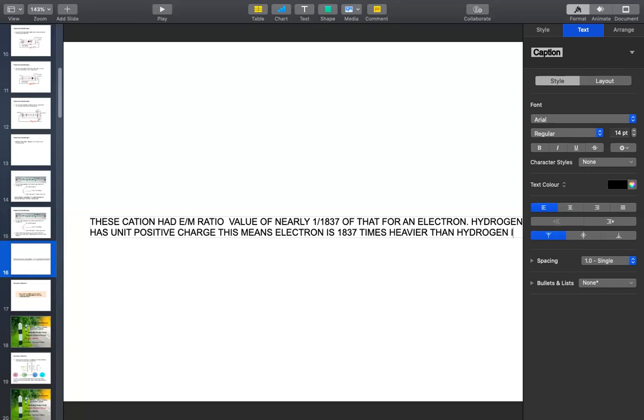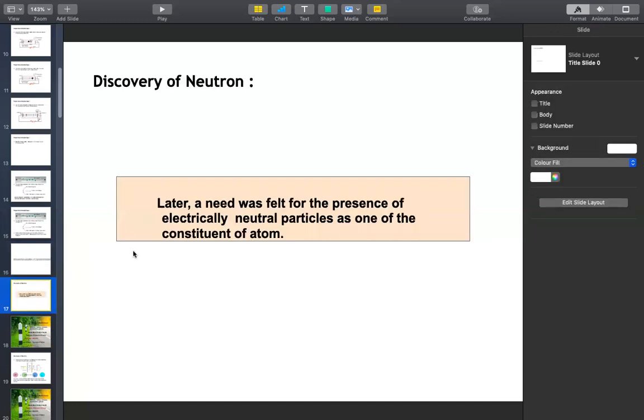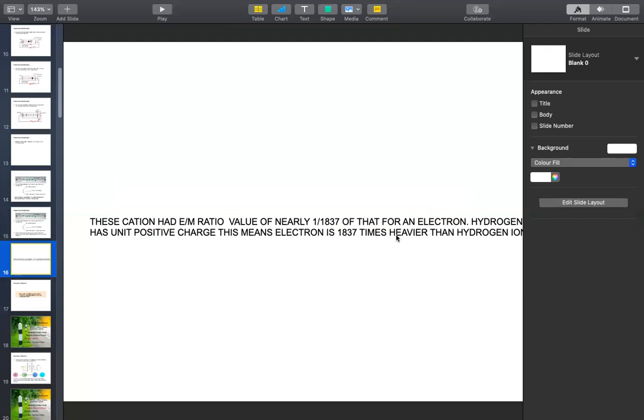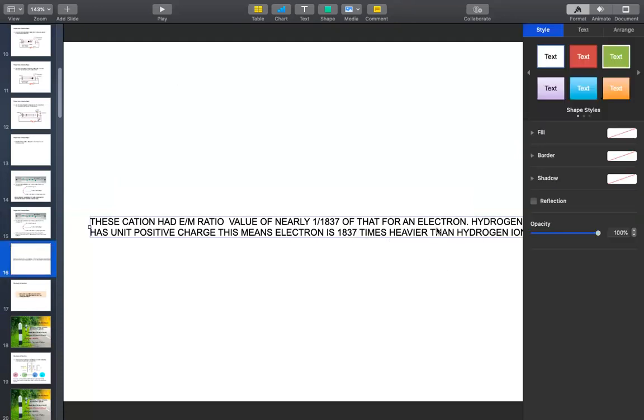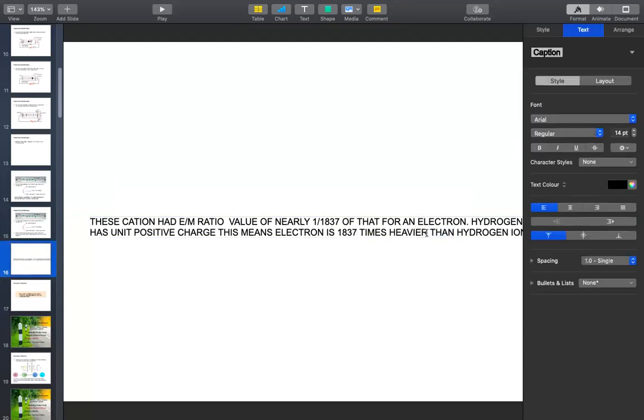Understood? Yes or no? I'm moving to the next thing. And at that time, for the first time, the proton was discovered and the name was given by Rutherford. The hydrogen atom is made up of one proton and one electron. So, since the electron will be removed by electric discharge, this means that the electron is lighter.